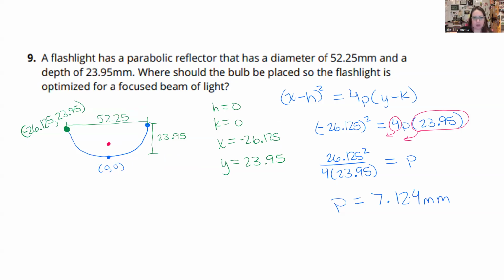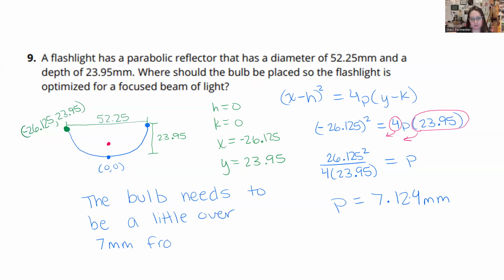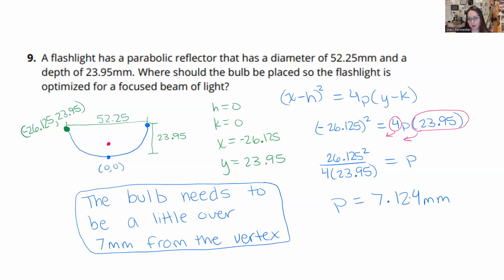So, sorry, the bulb needs to be a little over 7 millimeters from the vertex. Or 7.124 to be exact.